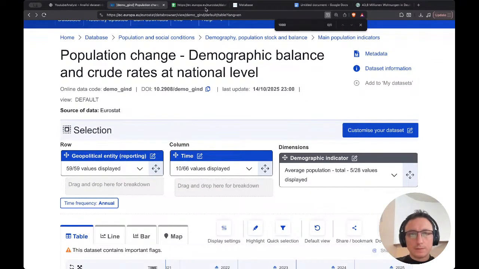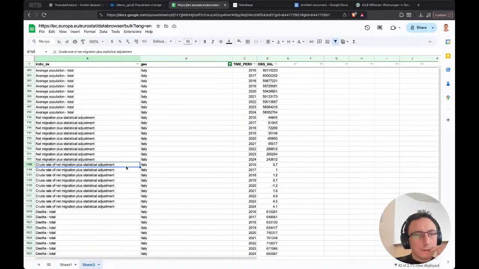So crude rate means every 1,000 inhabitants.